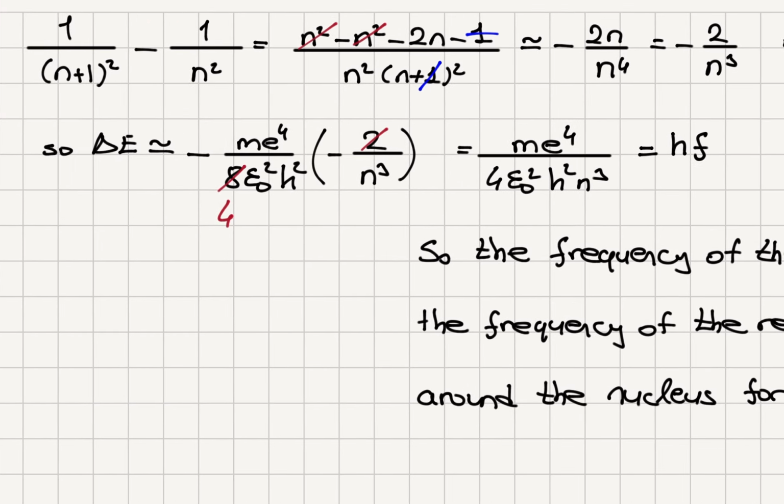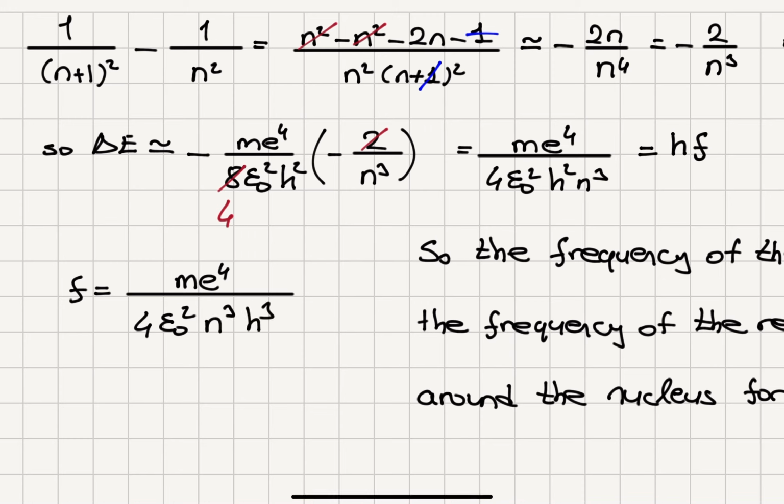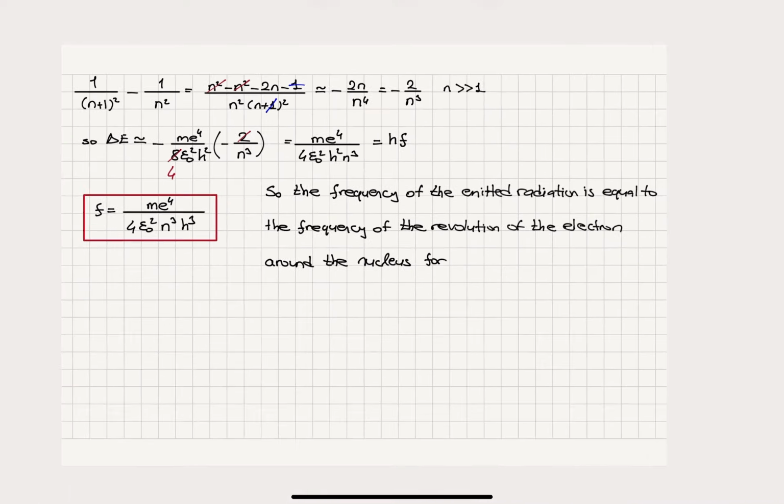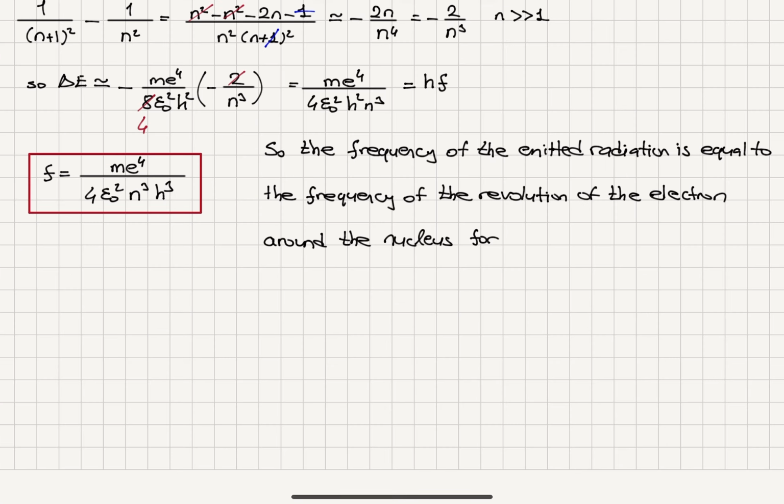So what is the frequency of the emitted photon? It is me⁴ divided by 4 epsilon 0² n³ h³, which is identical to the answer we found in part A.